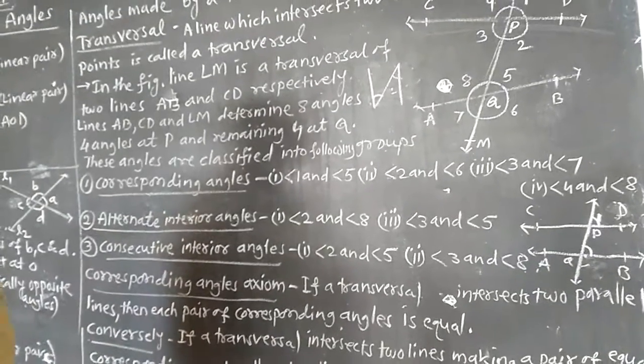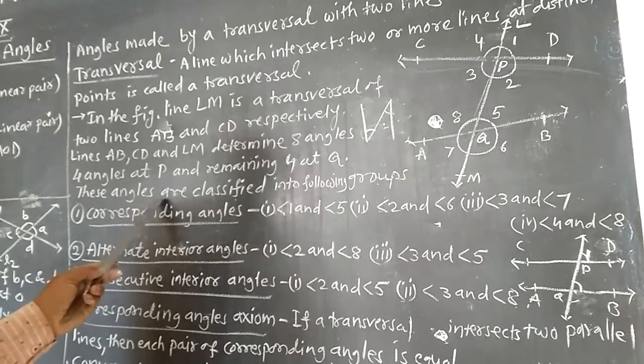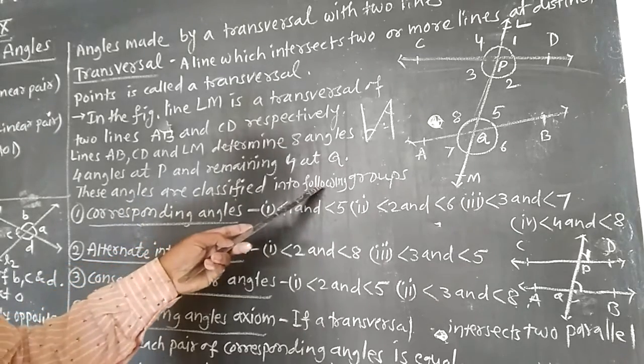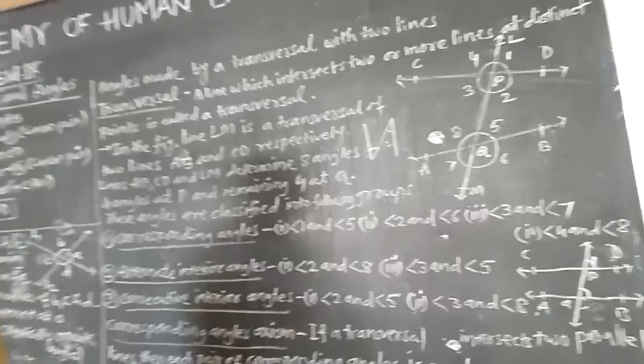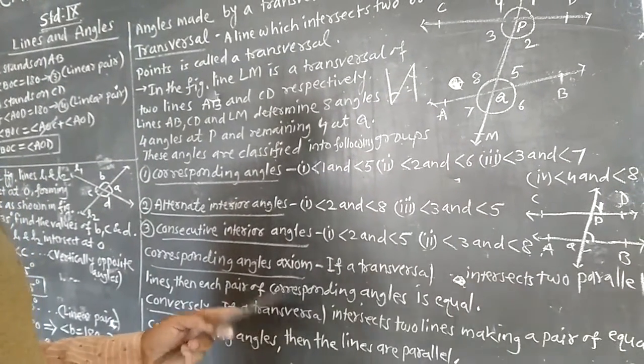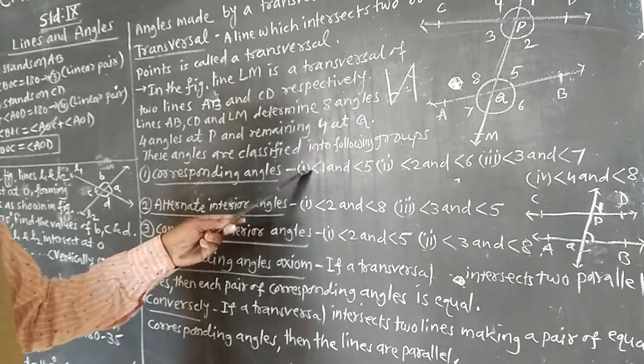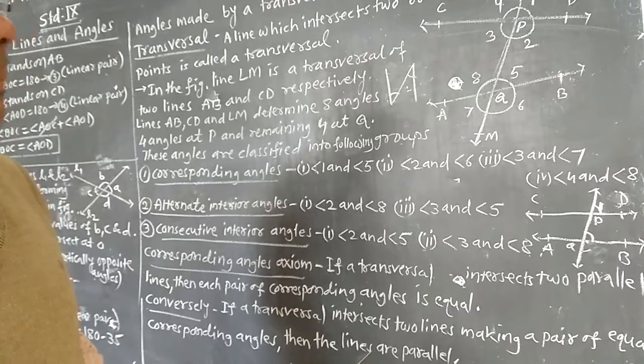Now we will see that these 8 angles are classified into the following groups. First, corresponding angles. There are 4 pairs of corresponding angles.